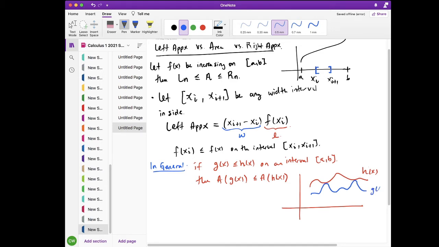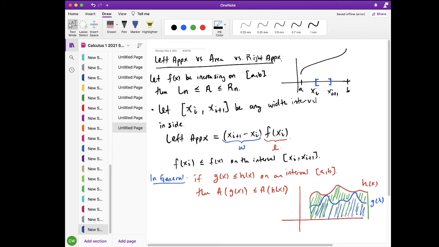Do you agree that the area underneath g is less than the area underneath h? Yeah, it's pretty natural. Nothing too absurd. So here's g, and the area underneath h is all of g plus a little bit of extra stuff.